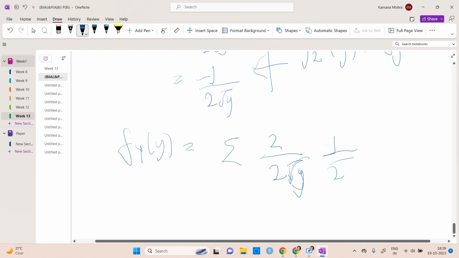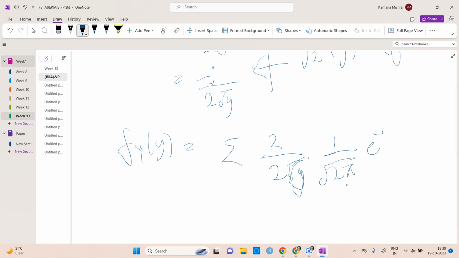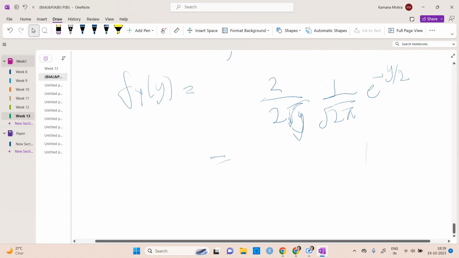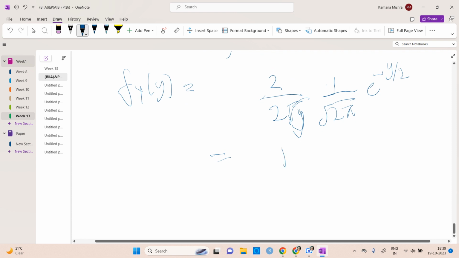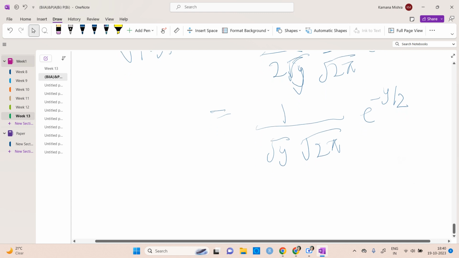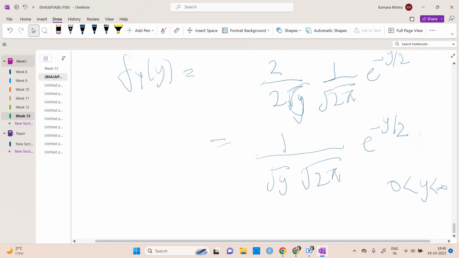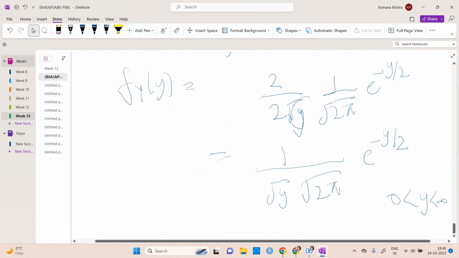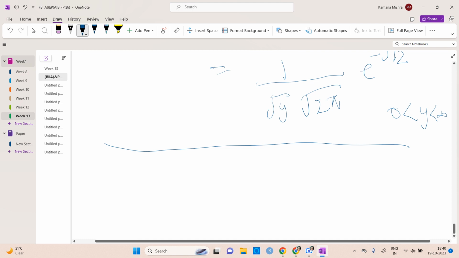At the end it would be 1 upon root y under root 2 pi e to the power minus y upon 2. And anyway, if you see from here, x is minus infinity to infinity, so y would be from 0 to infinity. So that is the PDF of y.